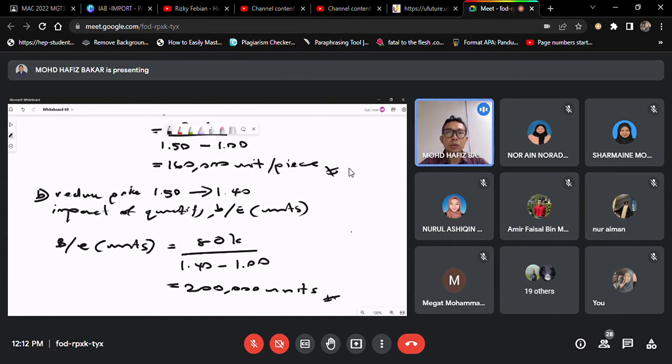Macam yang ni tadi, kalau ikutkan baru 10 sen. They reduce only 10 cents. Tapi dia kena increase number of sales by 40,000 units. Kan? So can you imagine kalau dia reduce to RM1, lagi tinggi dia punya number of sales.